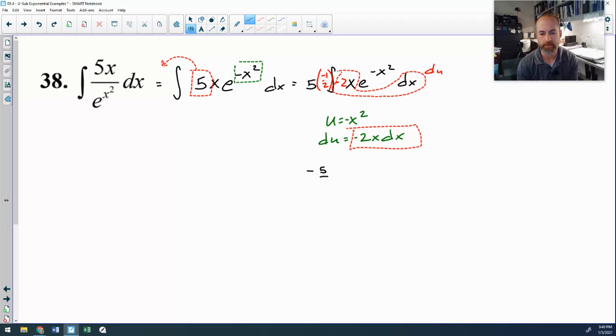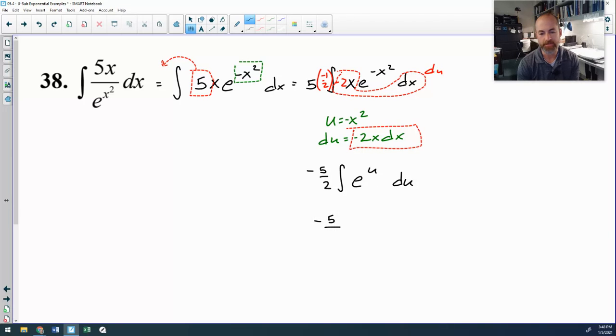And if you remember a minute ago, the very first method I told you to get the -2 did have a -5/2 outside. So we're at the same spot, just a slightly different thought process to get there. Antiderivative, the -2x dx is my du. E to the -x squared will become e to the u. And so my antiderivative of e to the u is e to the u.